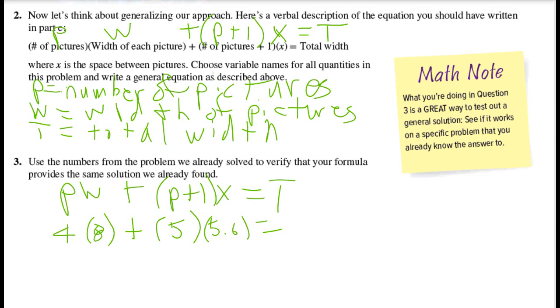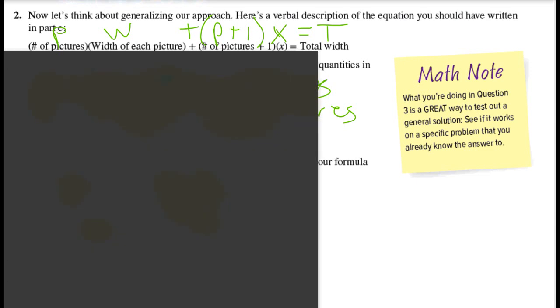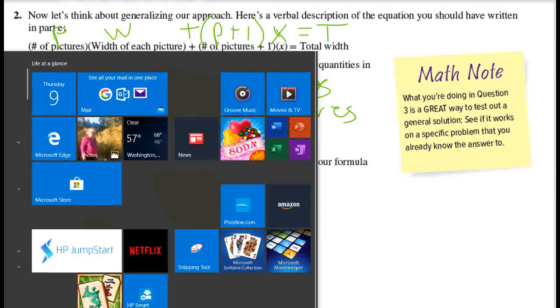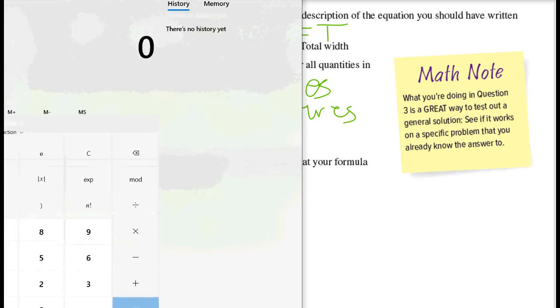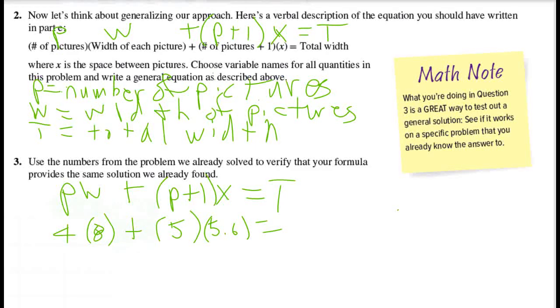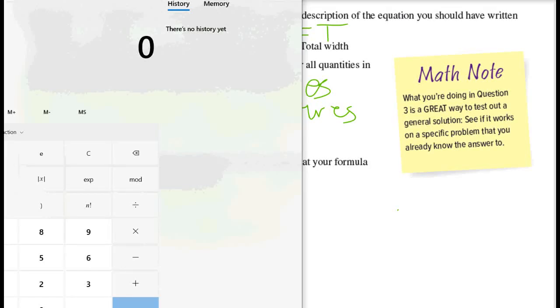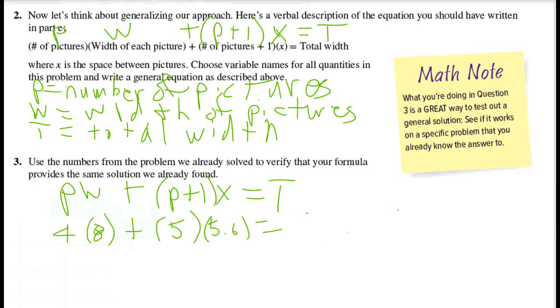And if we put that in the calculator, let's do that real quick. So 4 times 8 plus 5 times 5.6. That does in fact equal 60. So that checks.